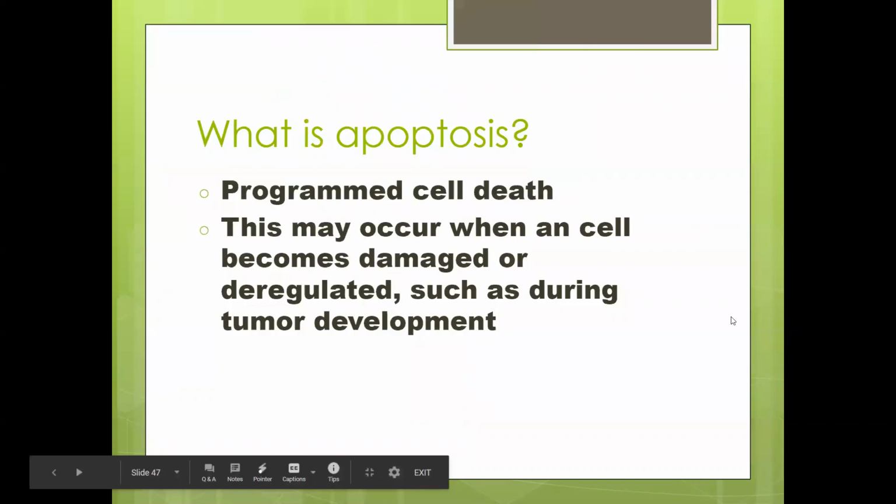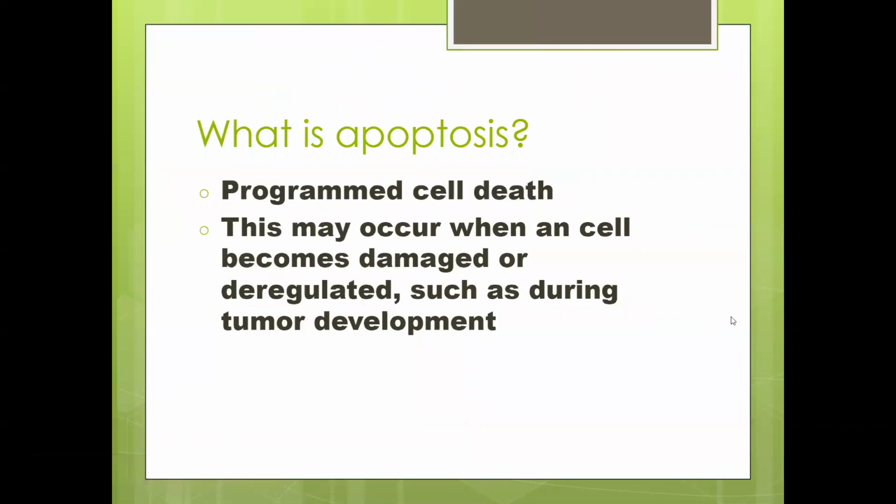And then the last thing that I want to talk about is apoptosis, which is a term you need to be aware of. That is programmed cell death or cell suicide, essentially. So if a cell becomes damaged or it's not working properly, there is a system in our body called apoptosis that can program that cell to die.